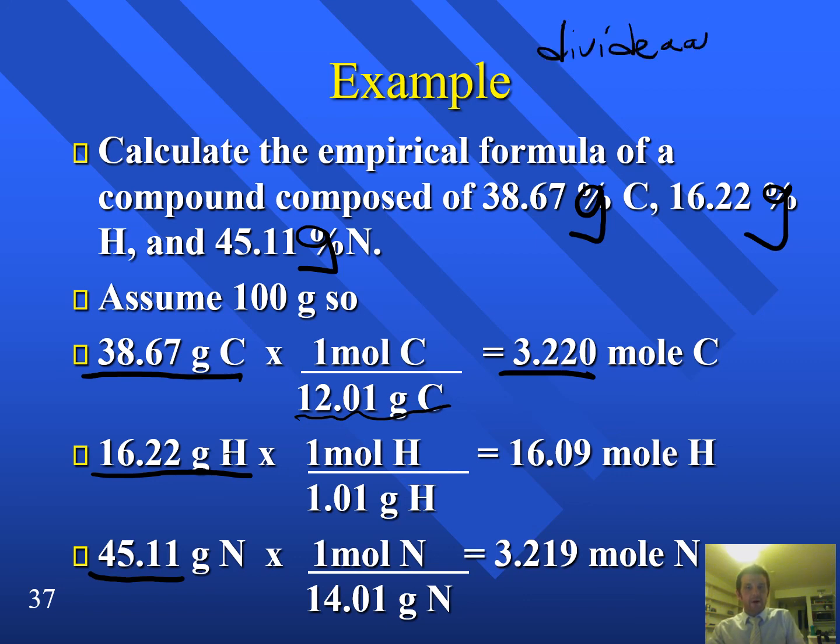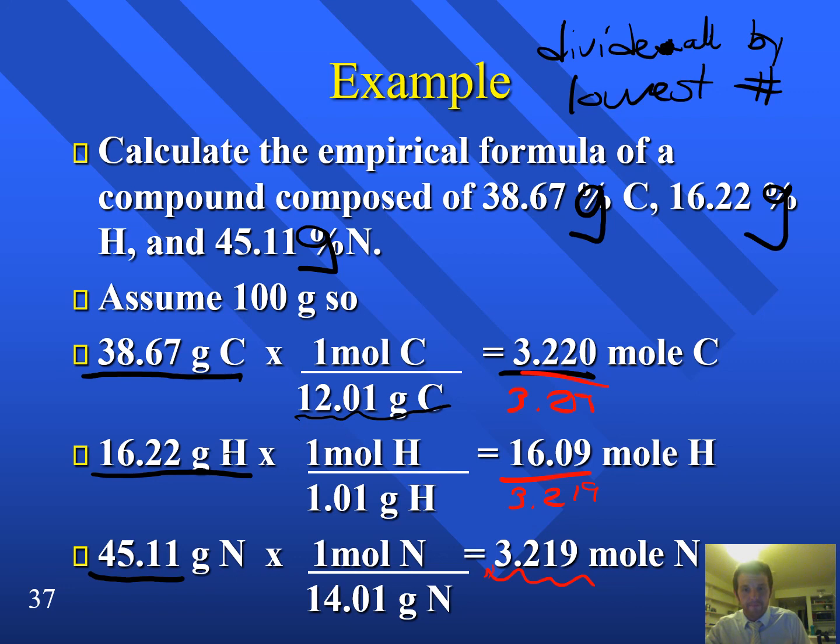We're going to divide all by the lowest number. So in this situation, 3.219 is the lowest number that I have. So I'm going to divide all of these by 3.219.